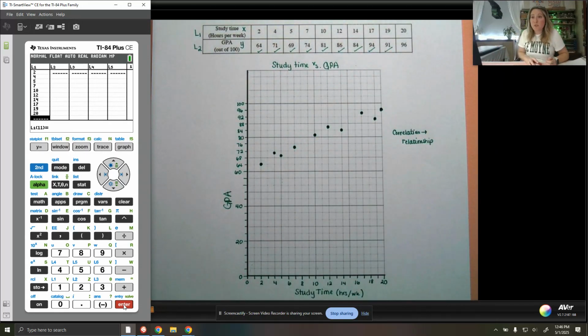So I am being asked for the 11th piece of data. However, I don't have any. So now what I'll do is arrow to the right so that I'm in L2, and I will start entering my Y values, my GPAs, and I will make sure as I'm entering them that they line up with the study times that I already entered in my X list.